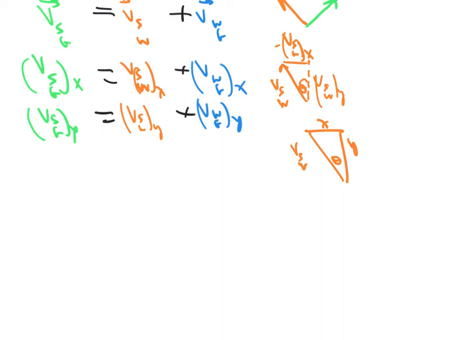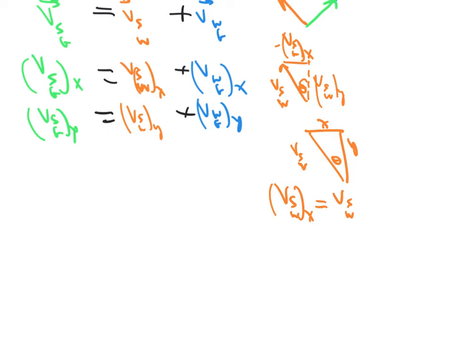Since theta is 45, we know that these two components are the same, and in fact, they're 1 over root 2 times the original. So I end up with v swimmer with respect to water x is the thing they asked us for, which they called U sub s, but I'm going to carry as v swimmer with respect to the water.